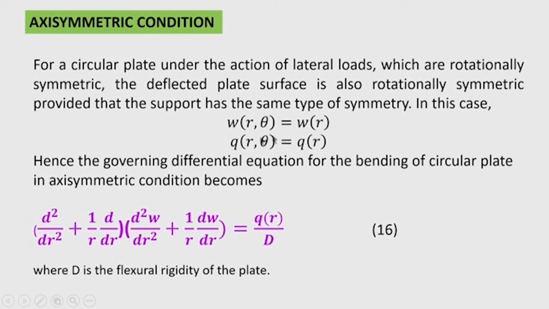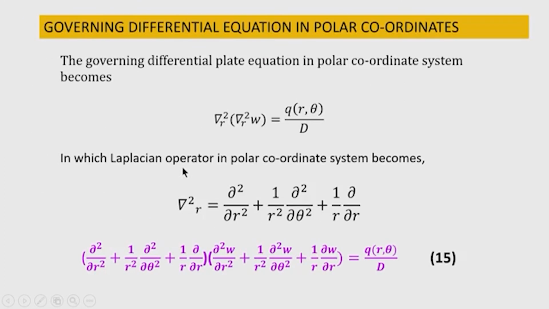With this simplification, we can easily see that the operator del square by del theta square will go to 0, because this derivative does not exist, since everything is a function of r only.